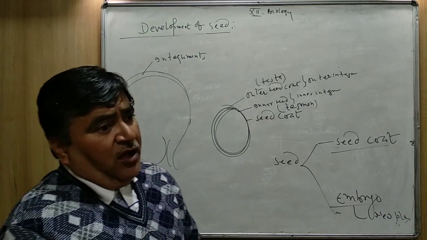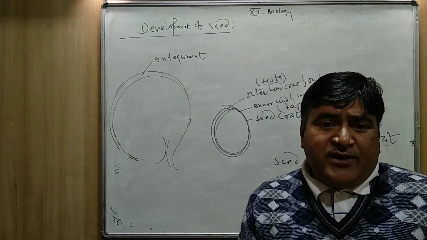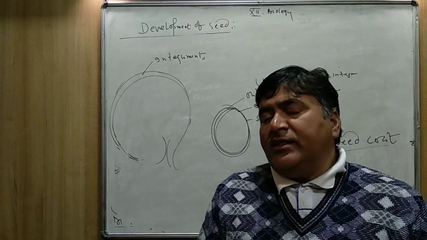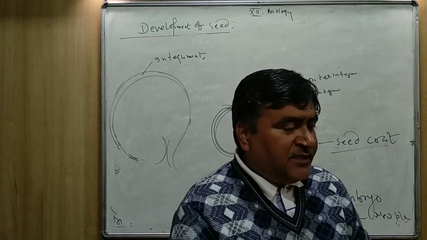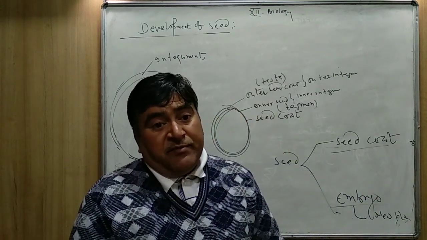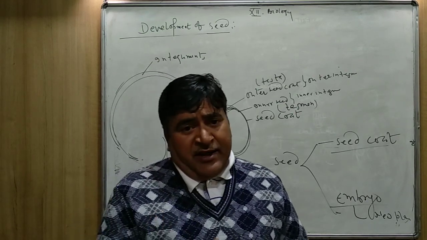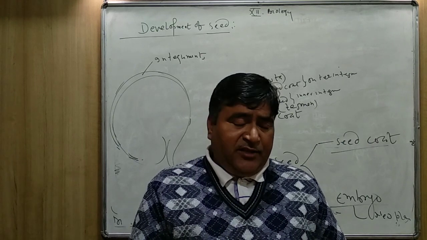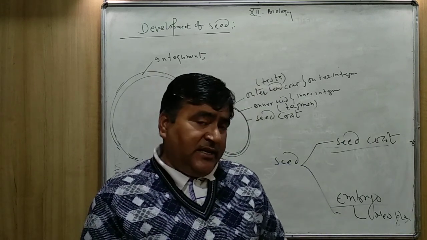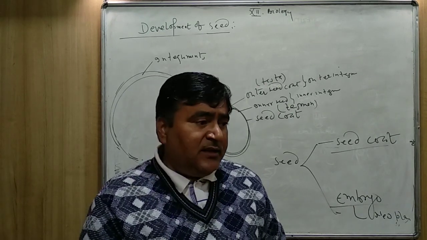The seeds are of two types: endospermic seeds and non-endospermic seeds. On the basis of the presence of endosperm, whether endosperm is present or not, the seeds are classified into two groups, endospermic and non-endospermic seeds. What do you mean by endospermic seeds?